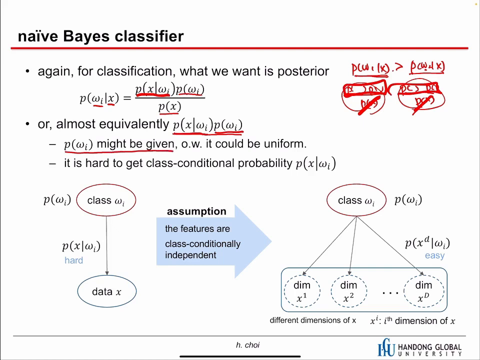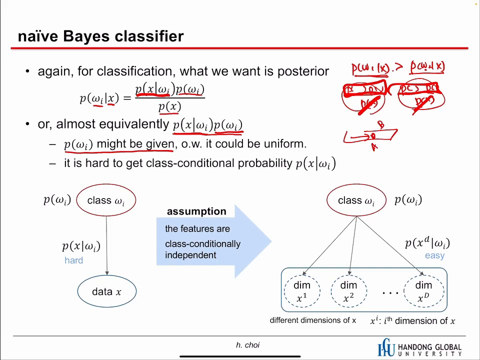Let's say we have a factory, and in this factory we want to classify objects on the conveyor belt. Some product is coming, and we want to classify this object. Is it class A? Is it class B?